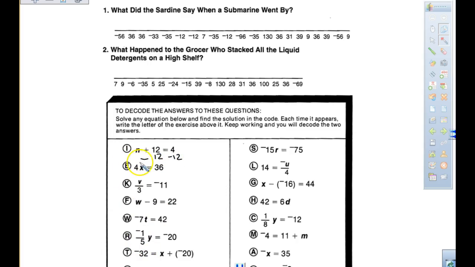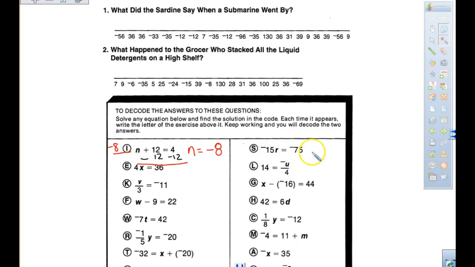If I do that, what are you going to be left with? N equals 4 minus 12, or 4 plus a negative 12 gives us negative 8. So up above, I'm going to find negative 8, and any place where I have a negative 8, I'm going to put the letter I.